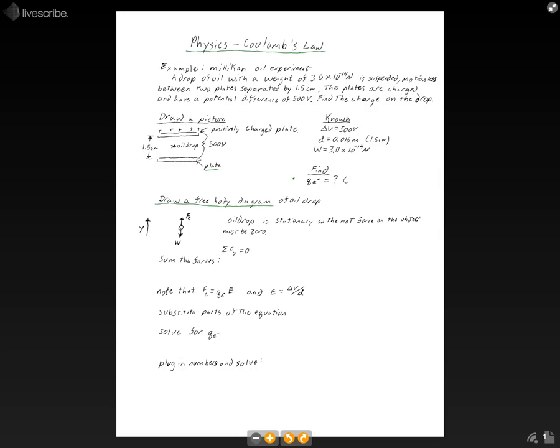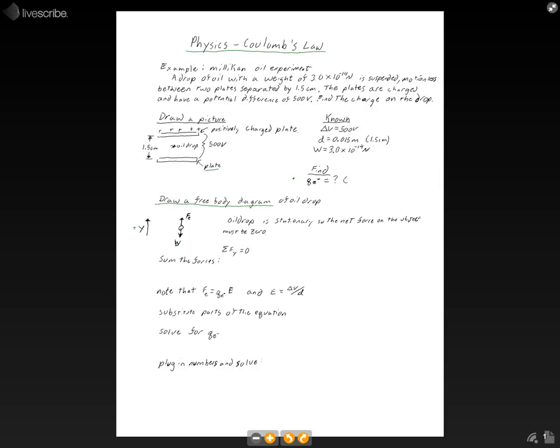We have the force, or the weight of gravity, pulling it down, and then we've got some sort of electric force that is pulling the drop up. And these two are in equilibrium, so the drop doesn't move around. You just have these two forces that are pulling in opposite directions. And then we defined the up direction to be the positive y.